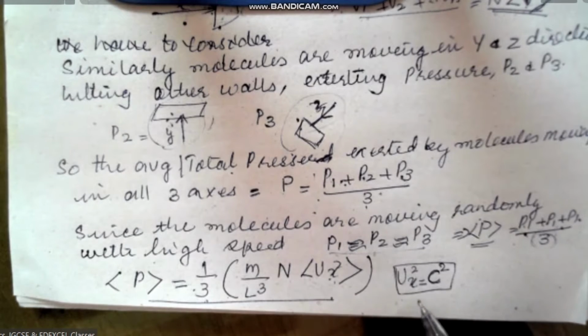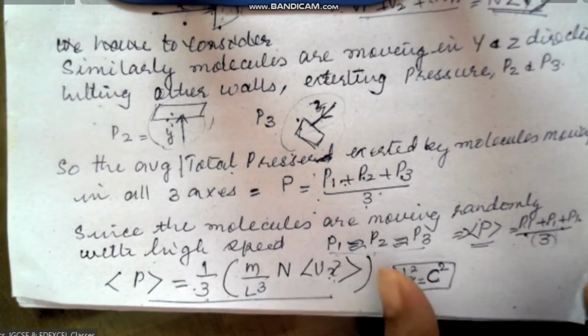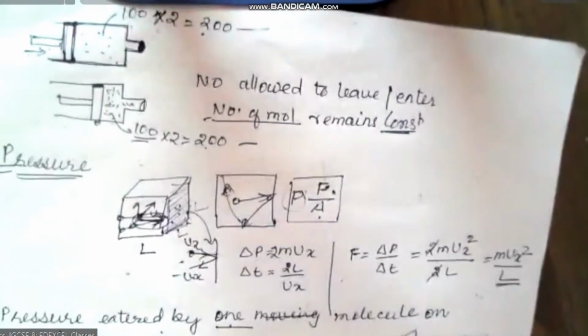This Ux is a problem. To make a general equation, this Ux square should be replaced by the mean square velocity, which we always write by the letter C. To make a general equation, this Ux square should be replaced with C square. This is the next modification that you are going to write.